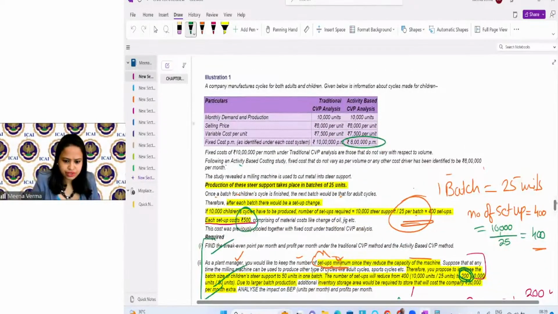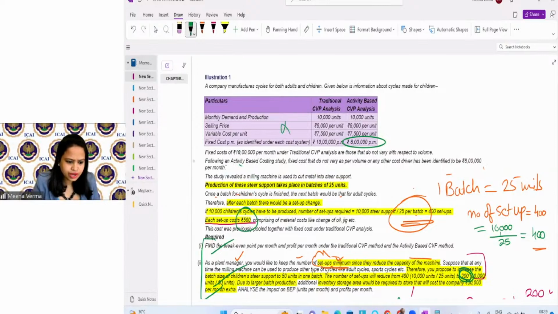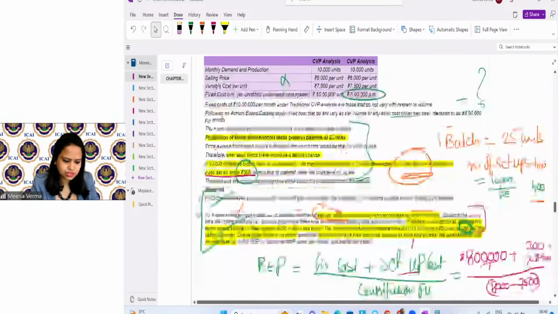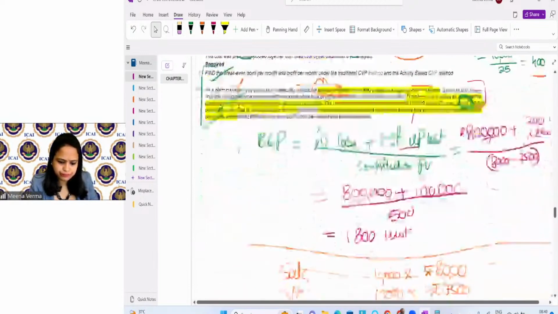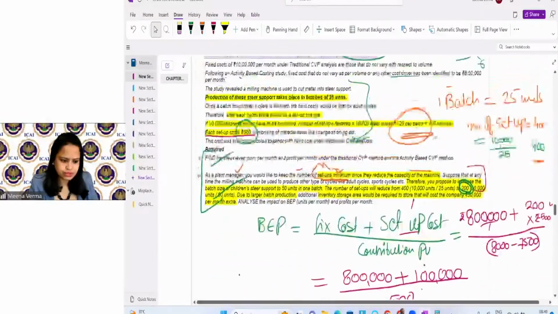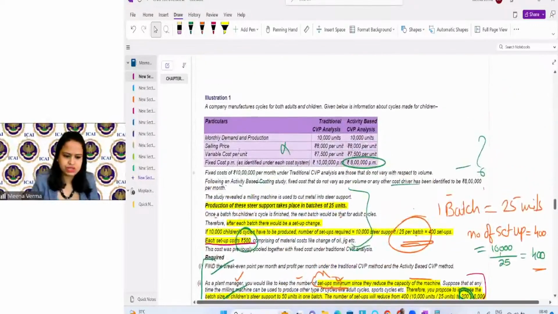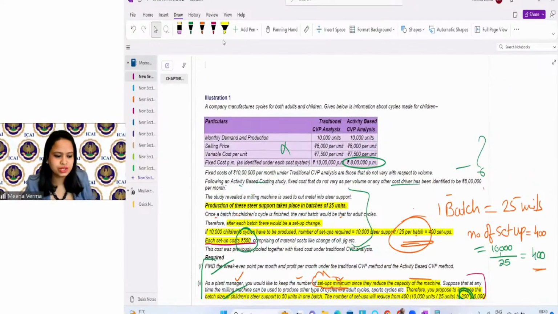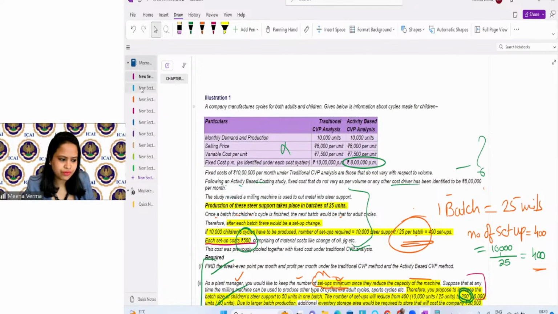Here we do not have any storage cost. Where is storage cost? There is no storage cost in this question. Why are you writing storage cost? What was your doubt here? We have done just one question and there is no storage cost.